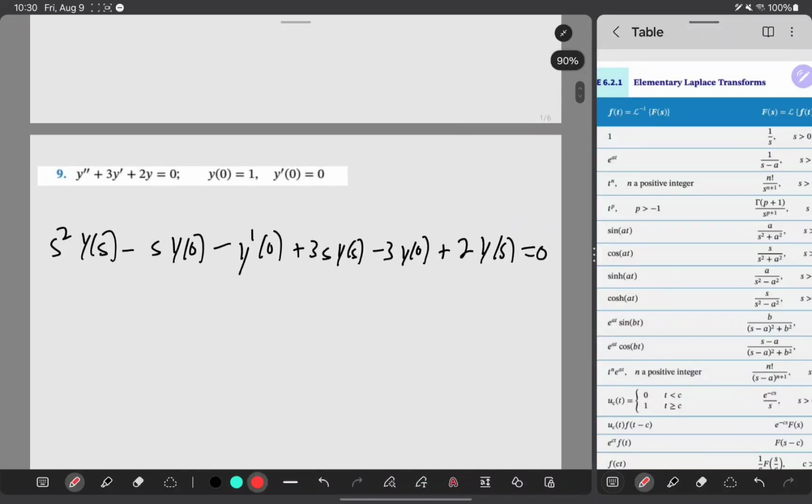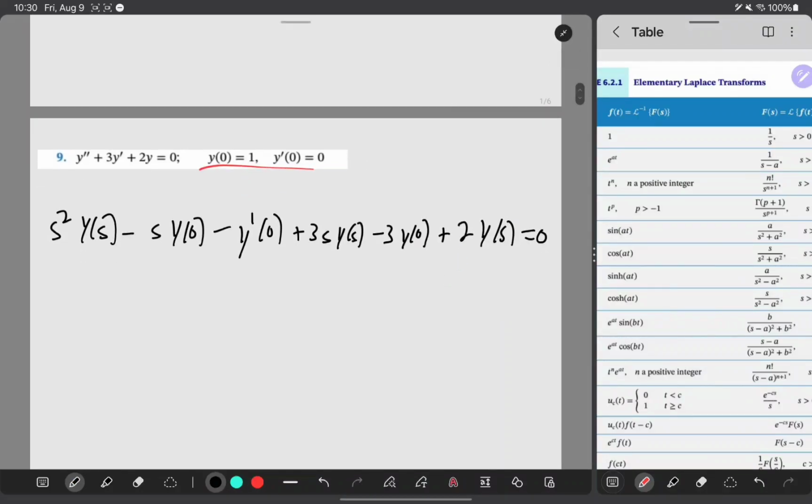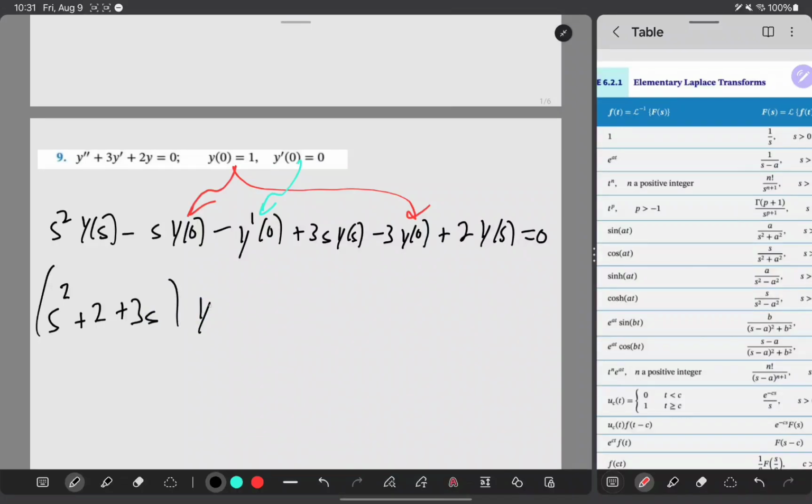Now we have these two beautiful initial conditions here that we can go right ahead and plug them in. We got multiple y of 0s. We have a y prime of 0. S squared plus 2 Y plus 3 s Y of s.